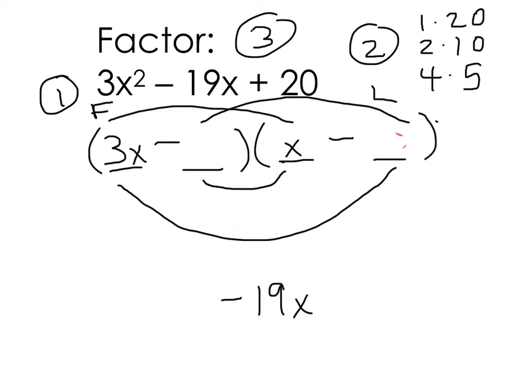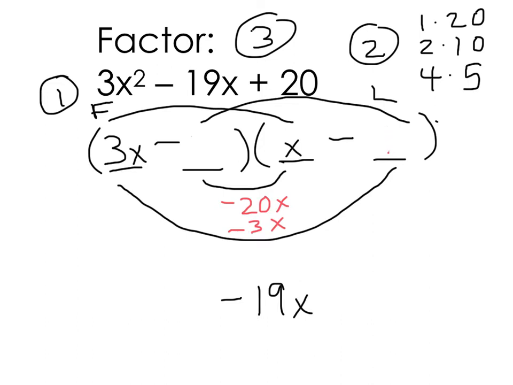Because the 3 is there now, we have to try the other possibility of 20 and 1. That gives us minus 20x, minus 3x. That's minus 23x. That didn't work either. So we have to reverse the numbers.